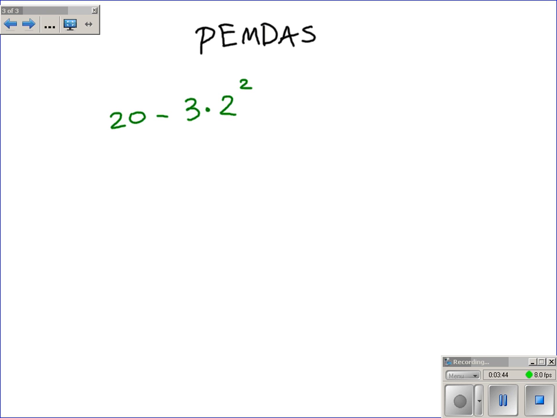There are no parentheses in this problem, and so the next thing we'll move on to is exponents. There are exponents. 2 is the exponent. Now you have to ask yourself what is being squared. Is it 2 or 3 times 2? And the answer is it's just 2. It's just that one number, unless there are parentheses that tell you it's more than one thing.